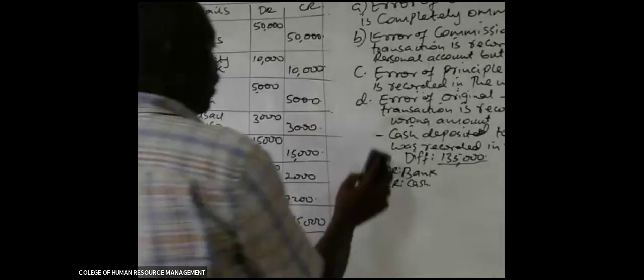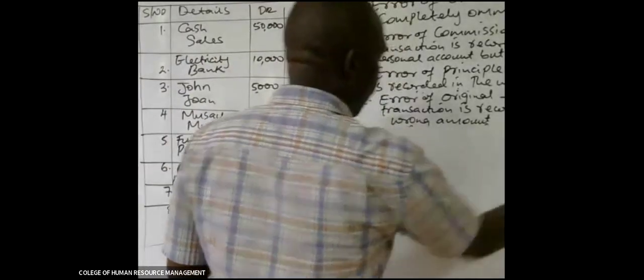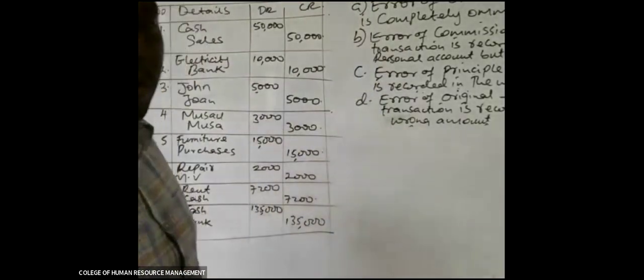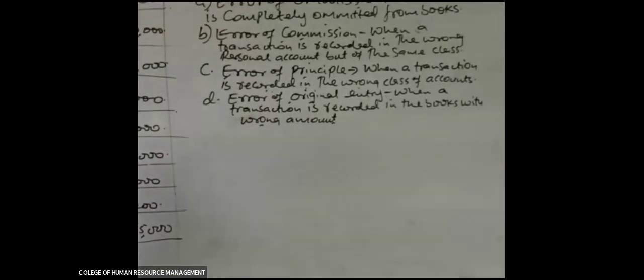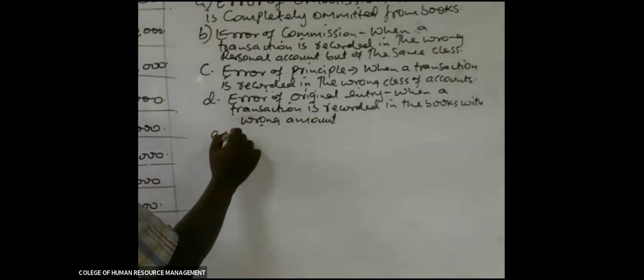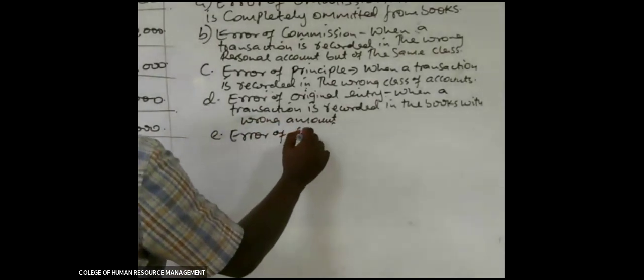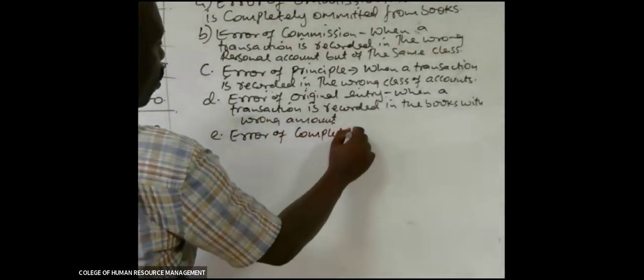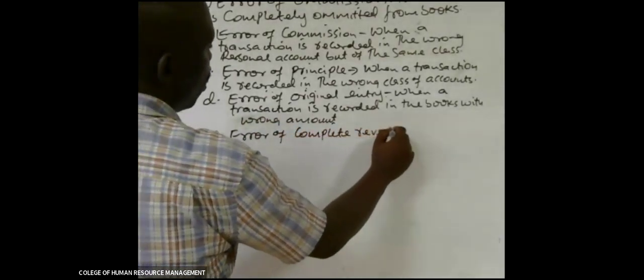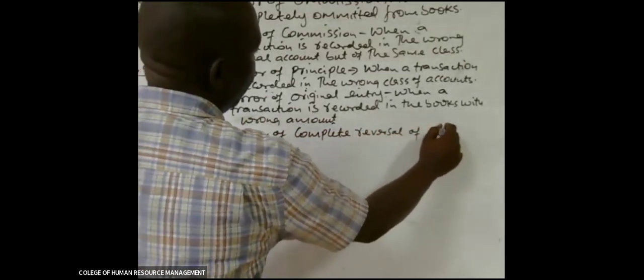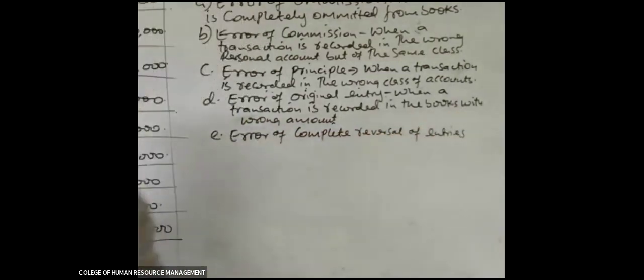Then error number E, number 5, is an error we call the error of complete reversal of entries.